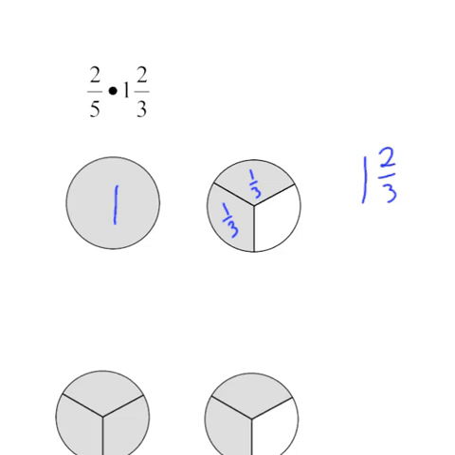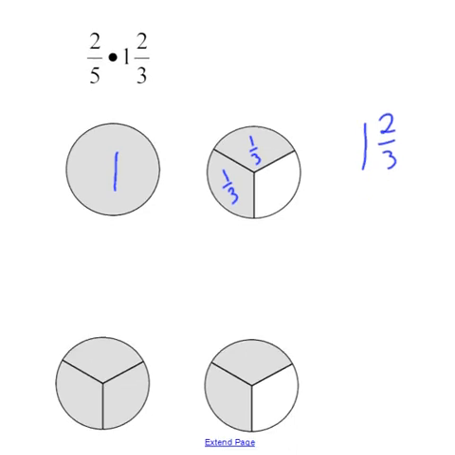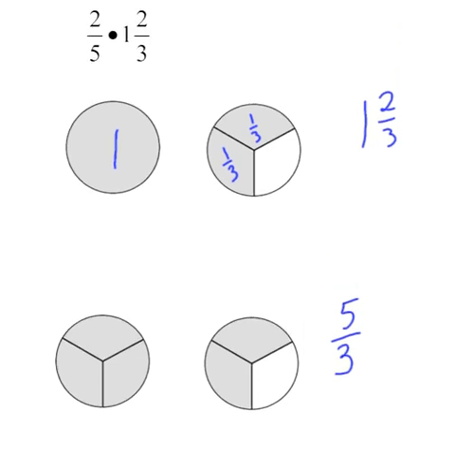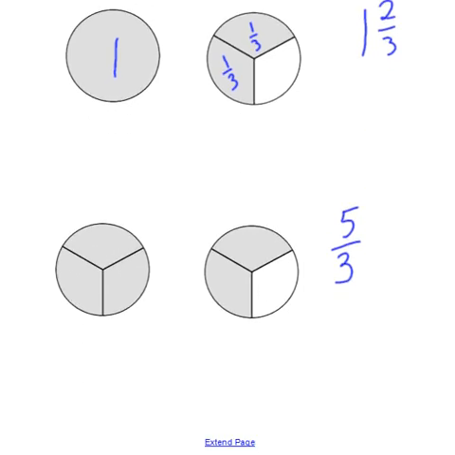Well, the math works really nice on this problem. So when I turn 1 2/3 into an improper fraction, notice what that's doing here is taking that 1 and making it into 3 parts. And so what do I have here? 5/3. I have 5/3 here, right? Now what's the problem here? The problem here is take 2 parts of 5, right? So there's 1, 2, 3, 4, 5. I'm going to take 2 of those parts of 5.